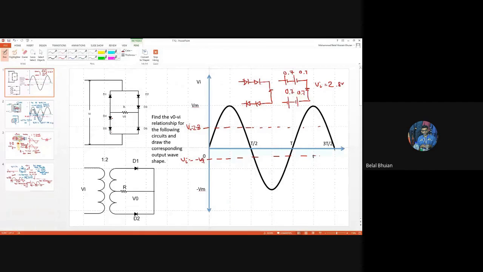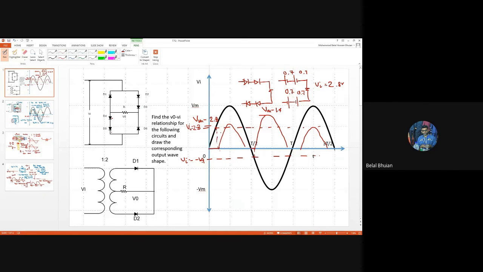So that means for the positive half cycle it takes longer time to turn on, and for the negative half cycle it takes relatively shorter time to turn on. So the output will look like this, because its peak would be Vm minus 2.8, and this peak would be Vm minus 1.4.